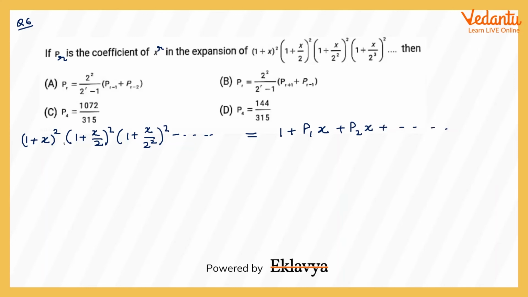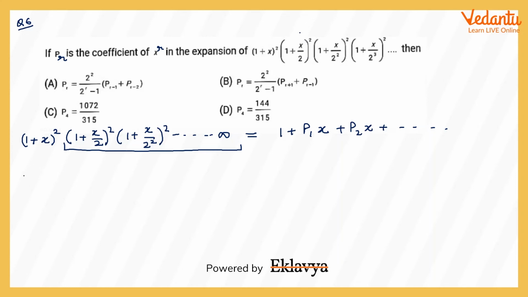Okay, now please listen carefully. If I combine all these brackets except the first one, you can see we can think that my first bracket here was having 1 plus x. Now here it is having 1 plus x by 2. My second bracket here was having 1 plus x by 2, whereas here it is having 1 plus x upon 2 squared.